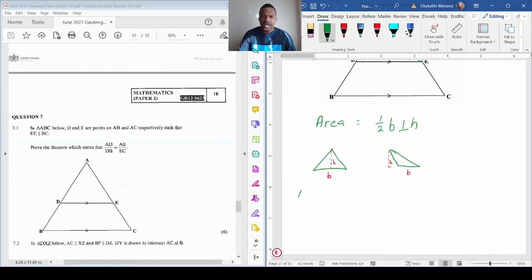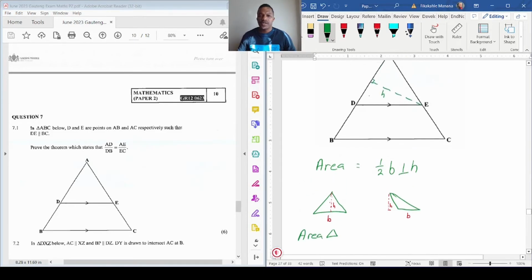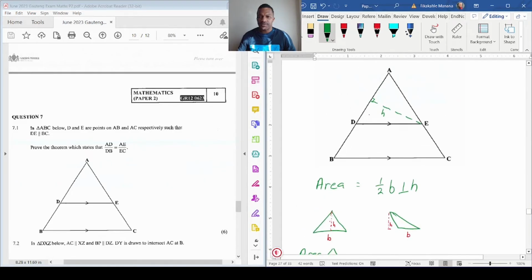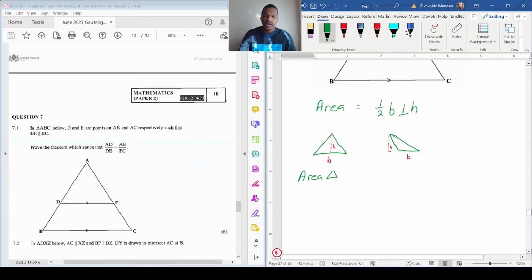the area of the small triangle ADE, and we're gonna divide that by the area of a triangle.